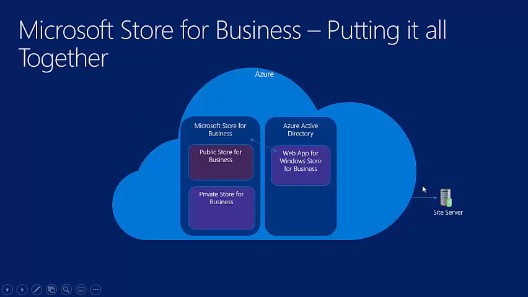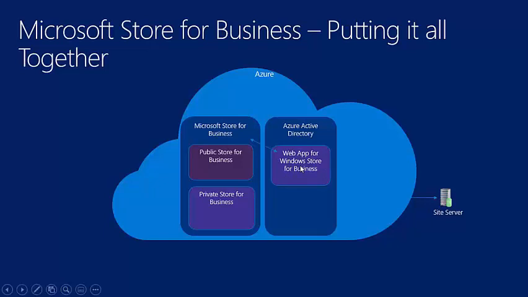And that is, you know, we have our site server, and the site server is connected to the cloud. This is actually supposed to be a little bit of a different color so you can see it, but anyway, this line goes all the way over to Active Directory, right? Active Directory is where we create our web app.